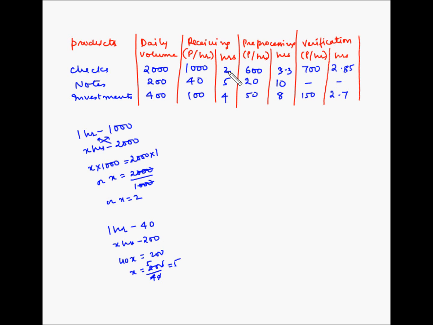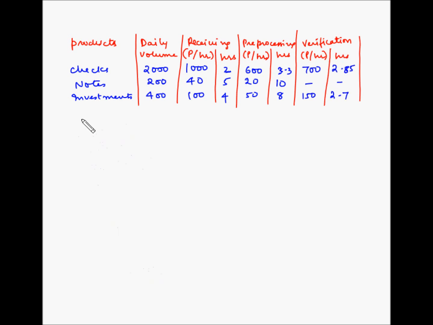So let us now find out the total number of hours required for each sub-process. So total: 2 plus 5, 7, 7 plus 4 is 11. Now 8 plus 10 is 18, plus 3.3 is 21.3, and let's add 2.85 with 2.7.